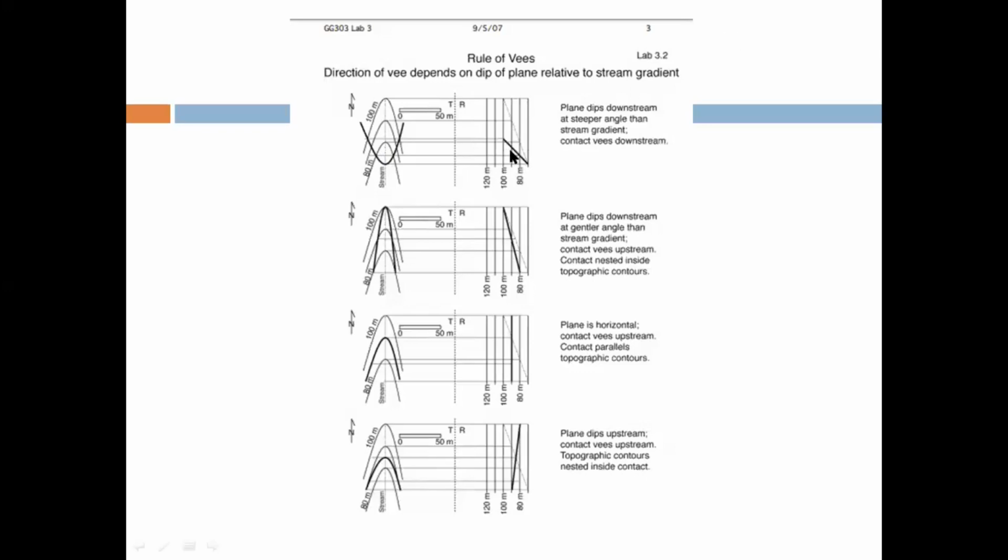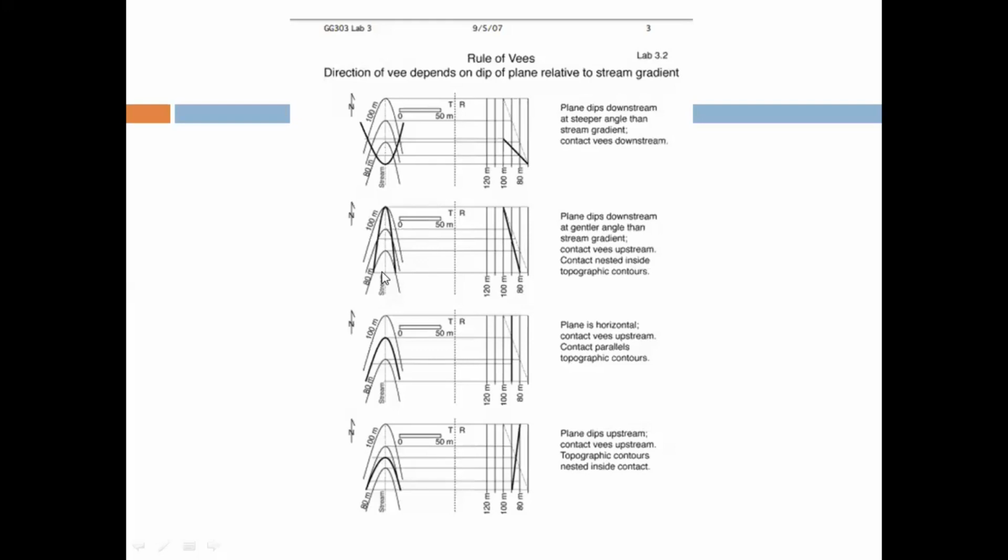So you can see that this is the geological contact, and this is the angle of the stream that is dipping towards the downstream. This is the downstream, and this is the upstream. So remember that the angle of the geological contact will be towards the downstream.